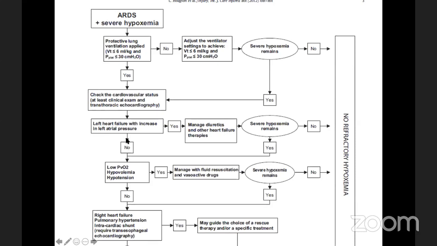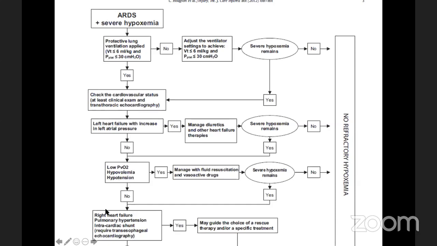If there is no evidence of that, you will check for another cause, maybe the patient is hypovolemic or hypotensive. If the patient is hypovolemic, hypotensive or has low venous oxygenation, you might consider fluid resuscitation or vasoactive medication.